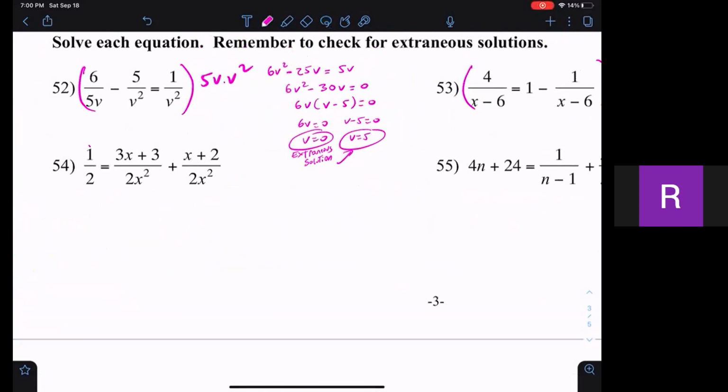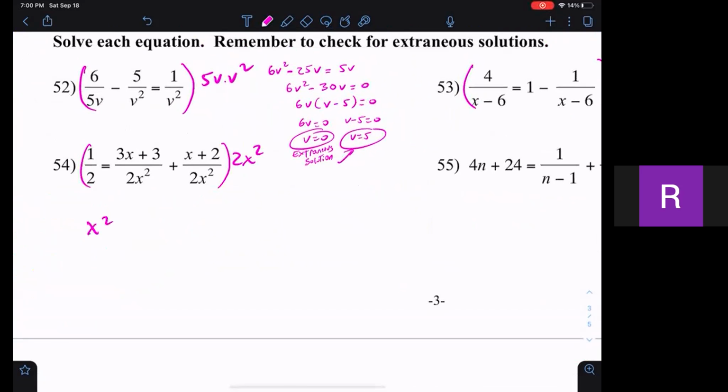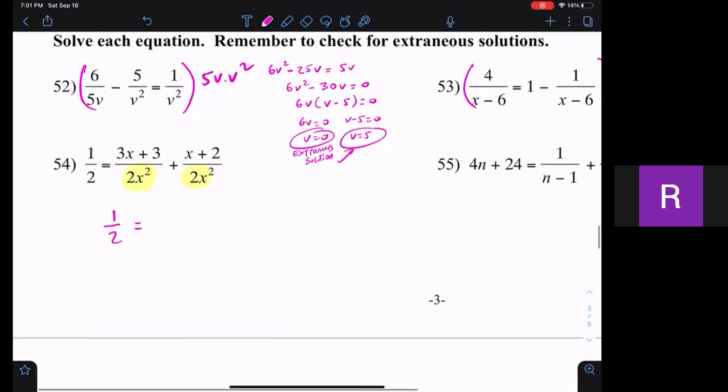Multiply everything by 2x squared. So that's going to be x squared equals, oh yeah, well, I could do that from the beginning, right? Before I do that, let me fix it first. 1/2, because you have the same denominator, you can just add up the numerators. So it's going to be 4x plus 5 over 2x squared. Now I can multiply by 2x squared.